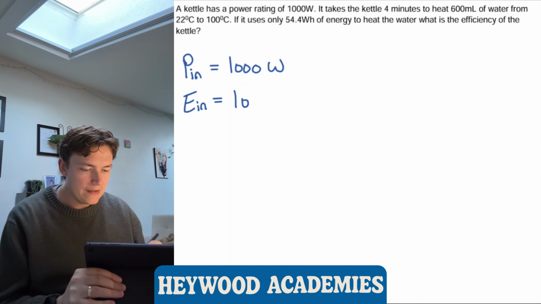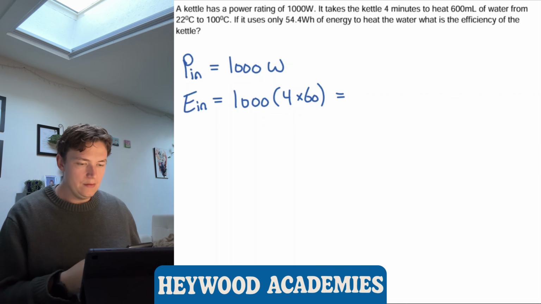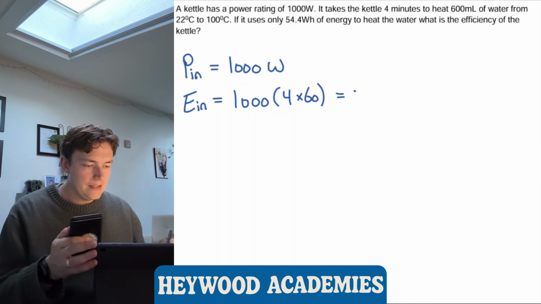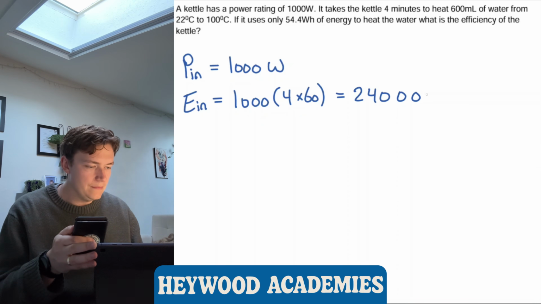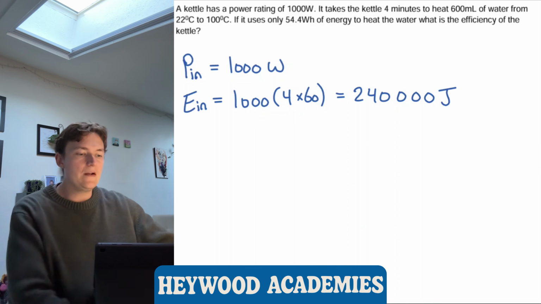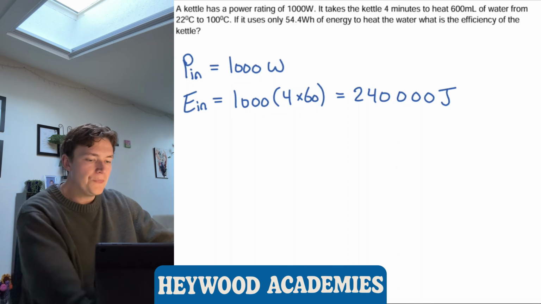So that's going to be our 1,000 watts times that 4 minutes, but we want that in seconds, so we have to multiply that by 60 as well. So that's going to give us our joules. So this would be 1,000 watts times 4 times 60. Okay, so that gives us 240,000. Okay, so that's the amount of electrical energy that the kettle has pulled from the wall in the 4 minutes that it has been operating.